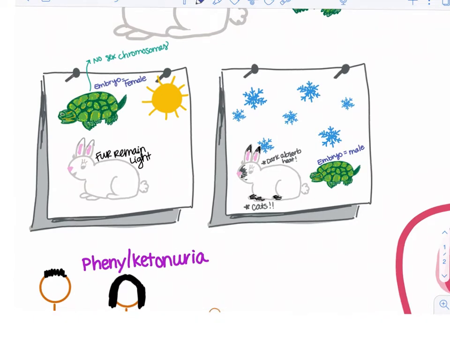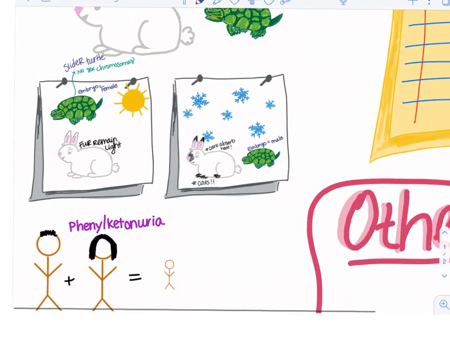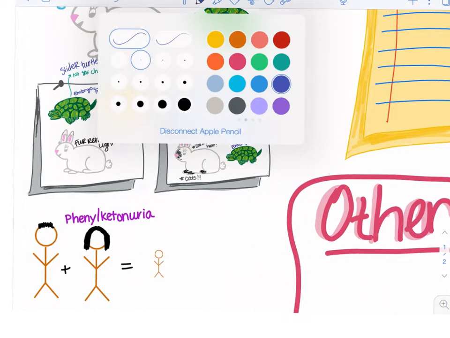This happens before the turtle is actually born. But this type of turtle, called the slider turtle, does not have sex chromosomes. The sex of that turtle is determined by the temperature in which the embryo develops. So that's kind of an interesting example.